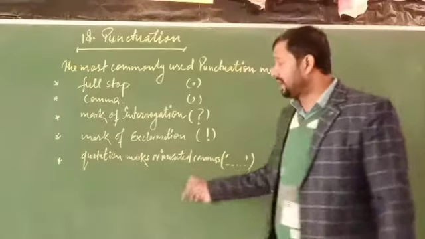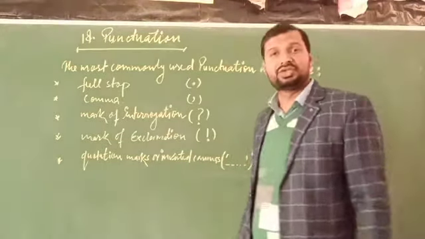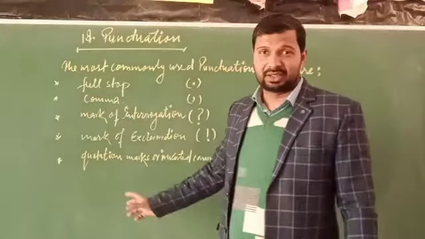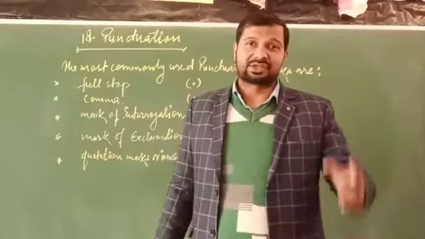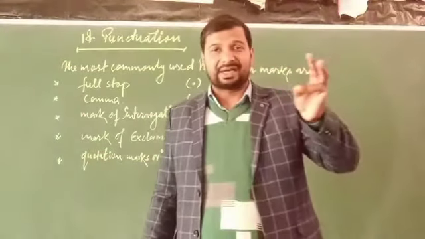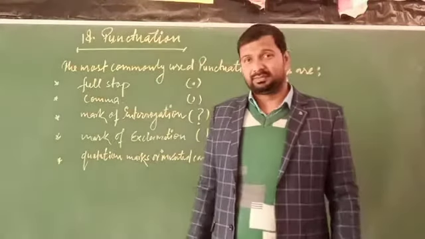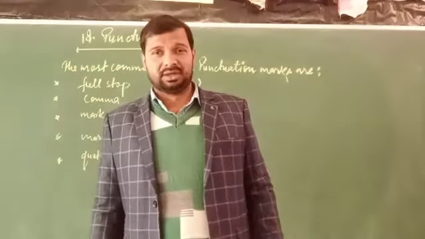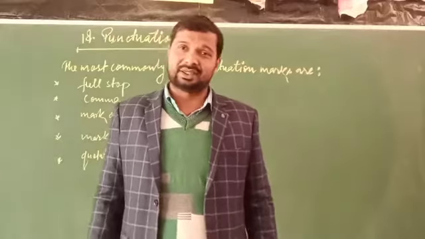Okay. Now the last part, quotation mark or inverted commas. Where will you use quotation mark or inverted comma? Especially it is seen in narration. There are two parts. The first is called reporting verb and the second is reported speech. While writing a sentence of direct speech, the first part is reporting verb and the second is reported speech.